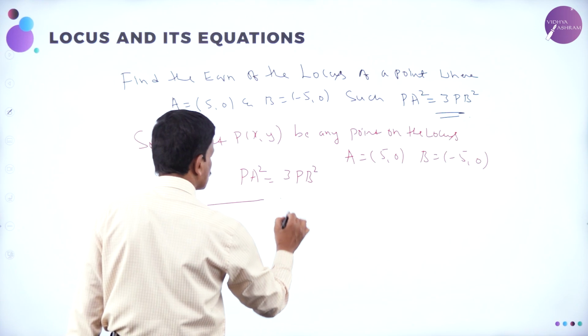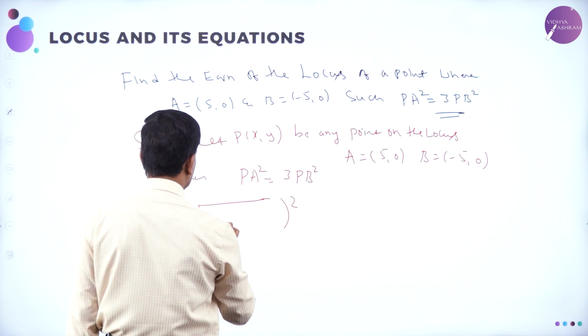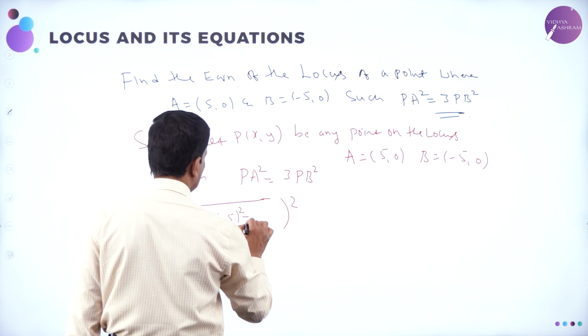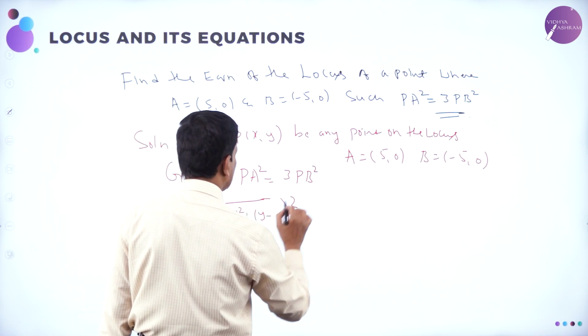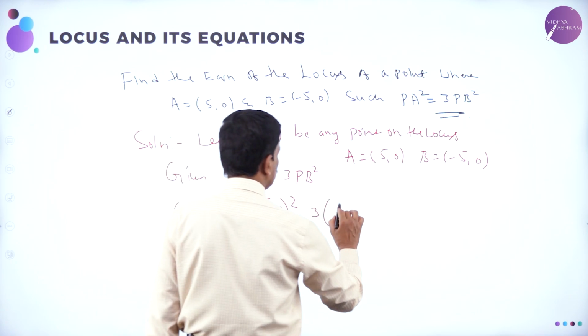Now write down PA. The distance from P to A: (x − 5)² + (y − 0)² is equal to 3 times PB².